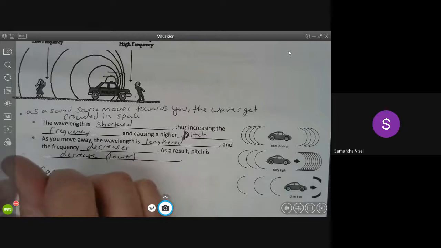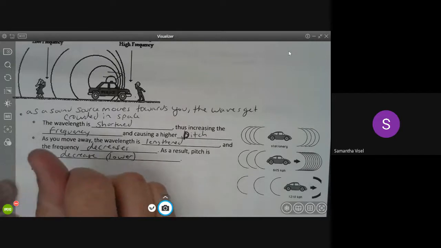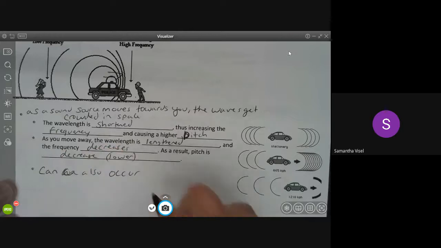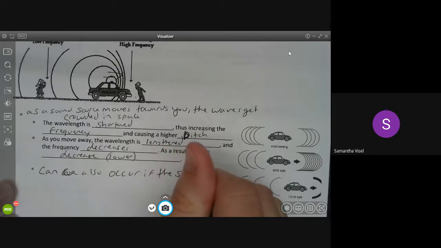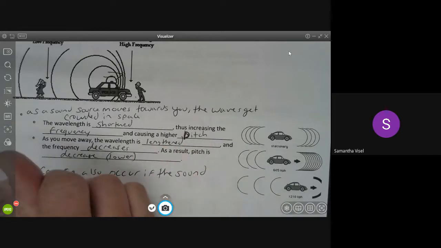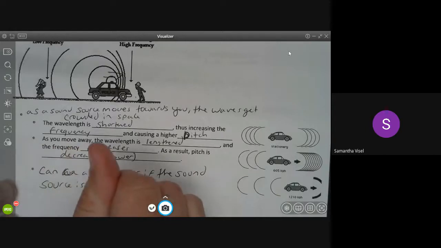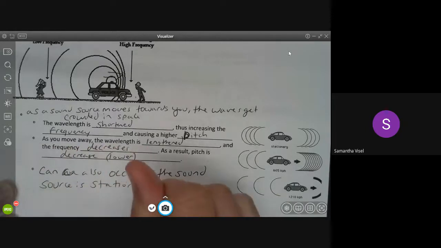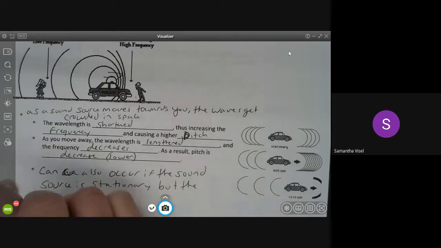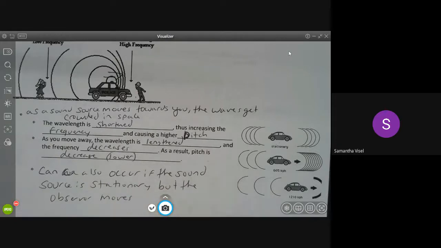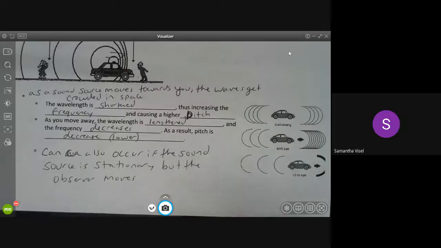But this can also occur if the sound source is stationary, but the observer is the one that's going to end up moving.